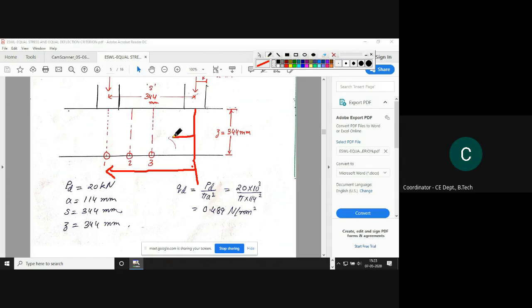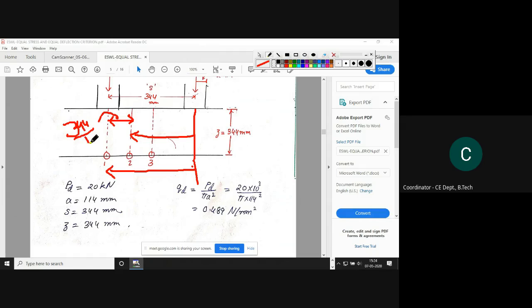For 0.2, what is this distance now? 344 minus 344 by 4. This value was 344 by 4.